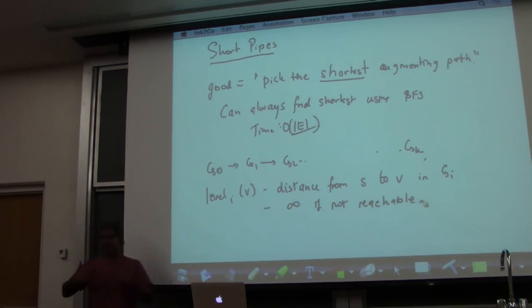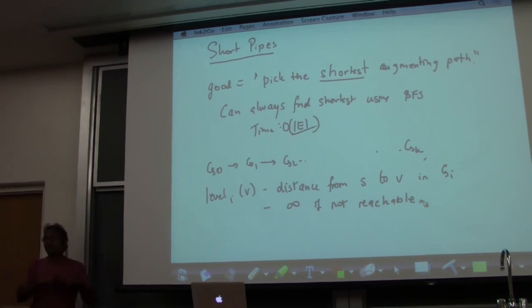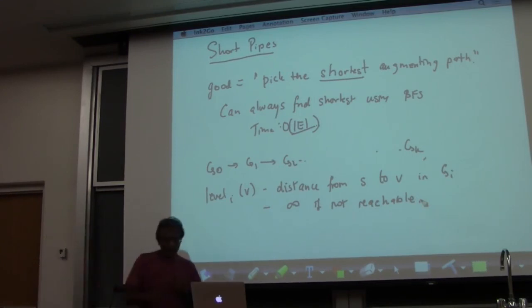You can think of how Ford Fulkerson runs in many ways. This is another lens on the process. Instead of worrying about how much our capacity is going down at every step, whether it's going down by 1 unit, like in Ford Fulkerson, or by lots, as in fat pipes, let's look at how these vertices are getting pushed away from the source and try to analyze my algorithm based on that. We're going to show a couple of observations. I'll give you the high-level observations and we'll reason about how they work next time.